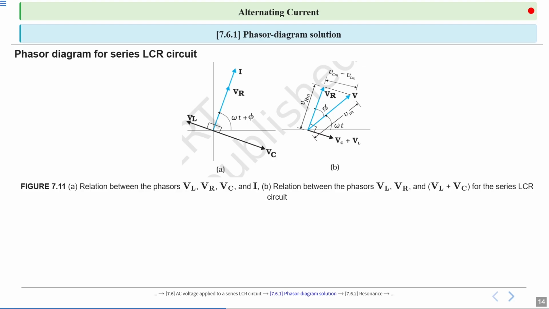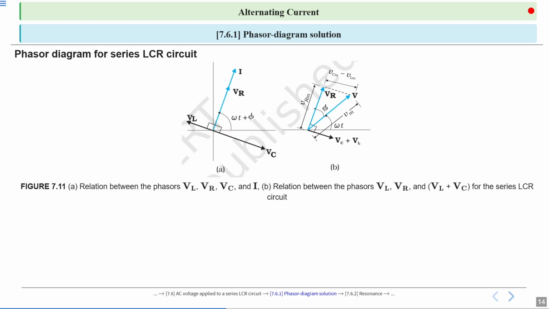Okay. Now part B. Relation between phasors VR, and VL plus VC. What is VL plus VC for the series LCR circuit? Now, VL was in the direction opposite to VC, so they are exactly opposite. We can add or subtract them. So we have taken the vector sum of both these vectors, along one direction, VC plus VL.